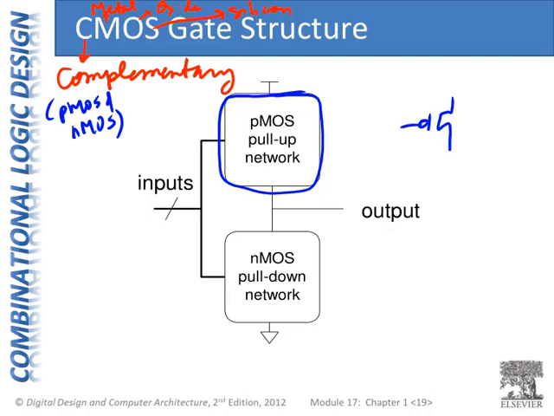And pull-down networks that consist only of NMOS transistors. So any NMOS transistor or any transistor in the pull-down network will not have a bubble on its gate. So they'll all be NMOS transistors. And again, every CMOS gate is composed of both a PMOS pull-up and an NMOS pull-down.